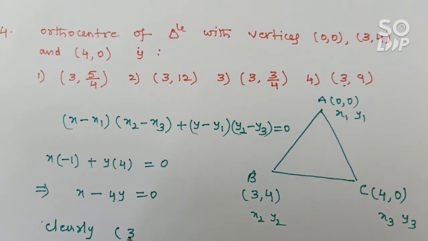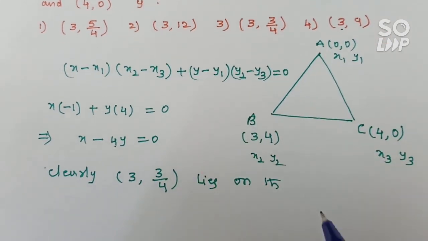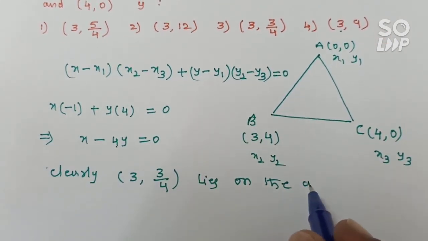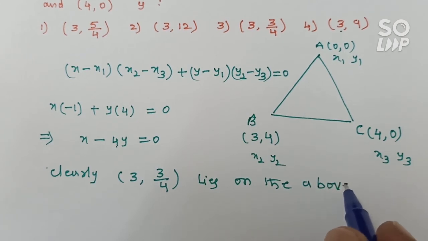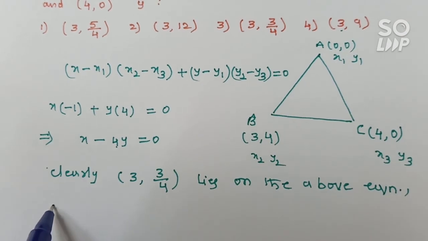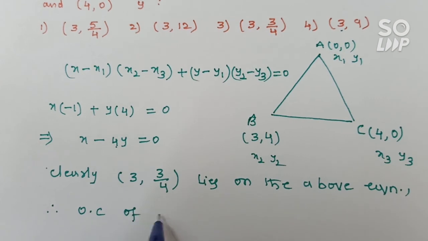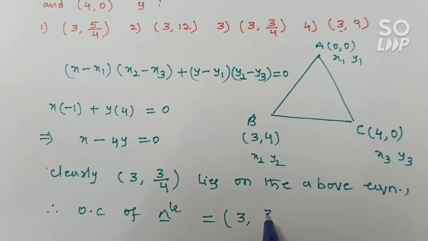So clearly, 3 comma 3 by 4 lies on the above equation. Therefore the orthocenter of the triangle is 3 comma 3 by 4.